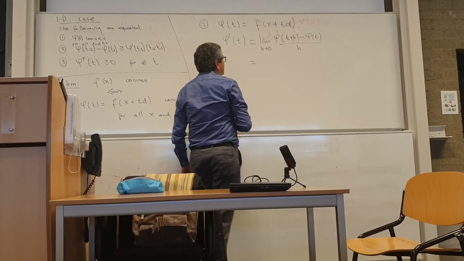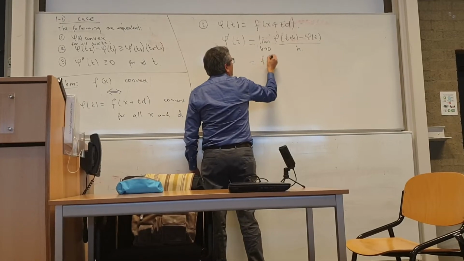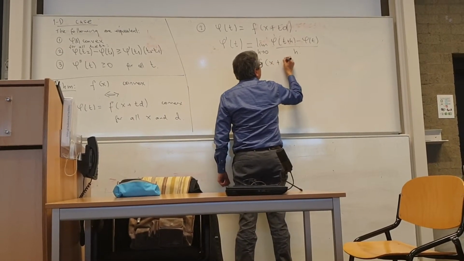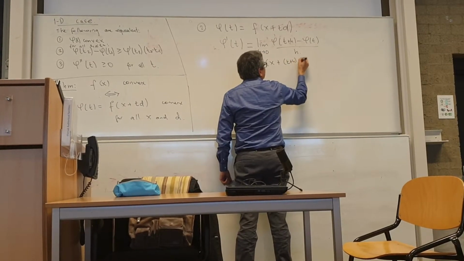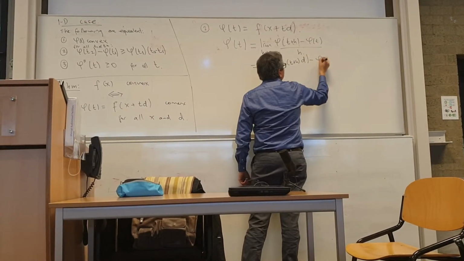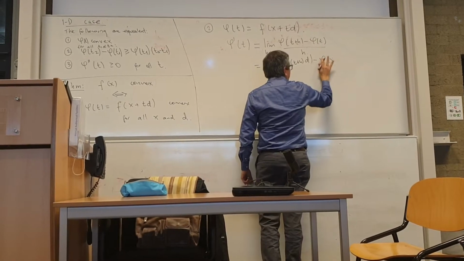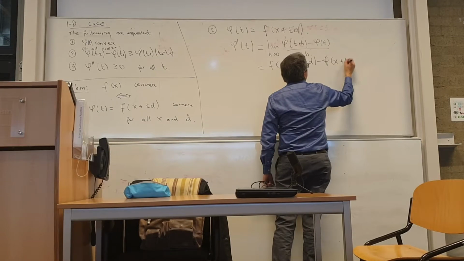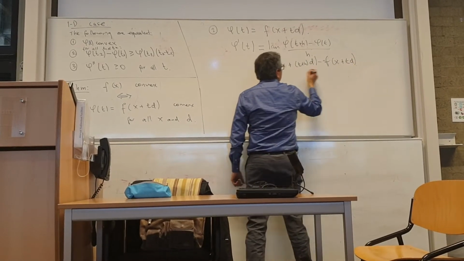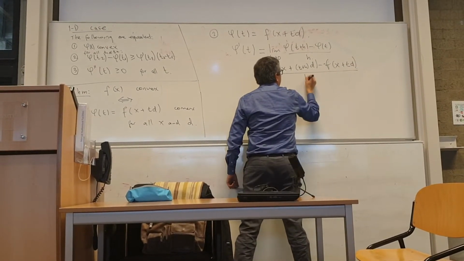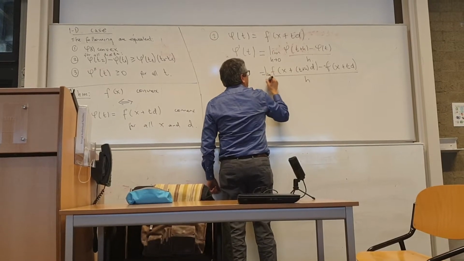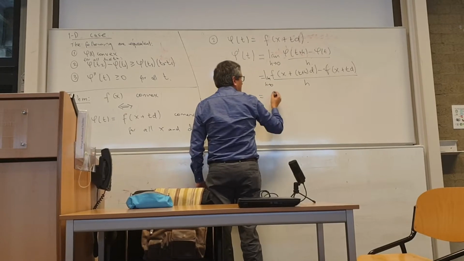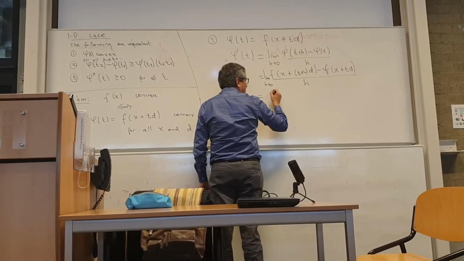This is f of x plus (t plus h)d minus f of x plus td, divided by h, limit when h goes to 0. And this is the directional derivative.